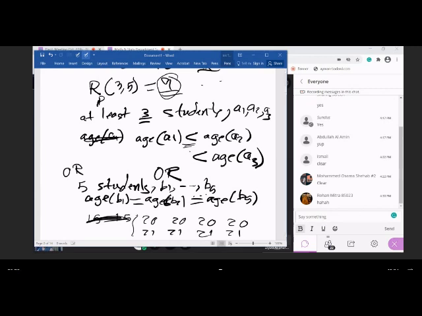And if the age of A is strictly less than the age of B, then definitely the age of B is not less than the age of A. So we have the second axiom. So this relation is a partial order relation on 9 persons.